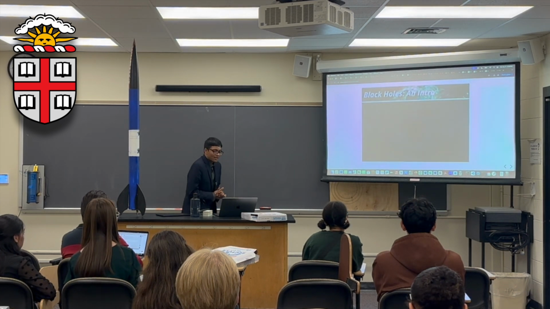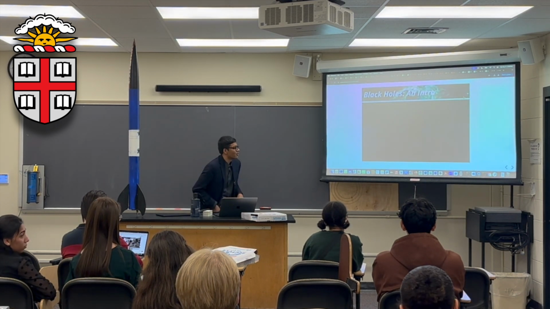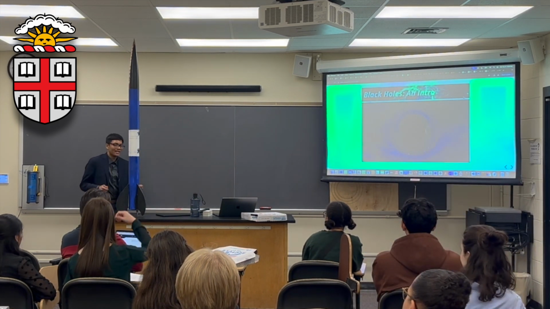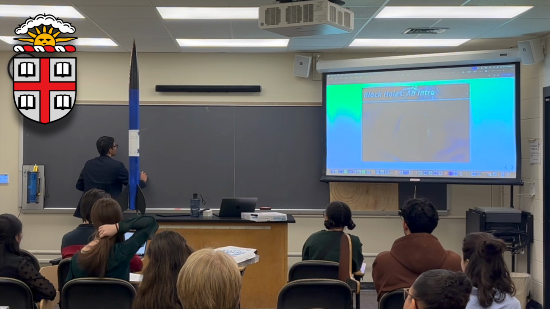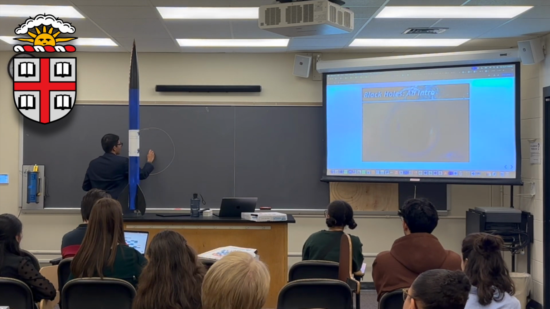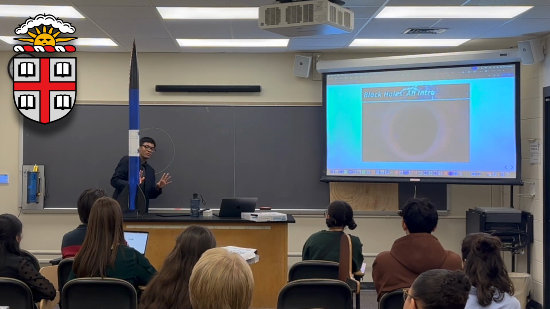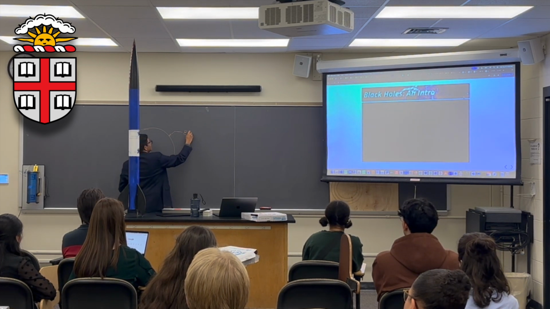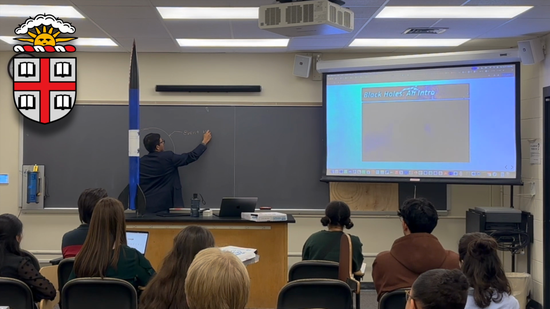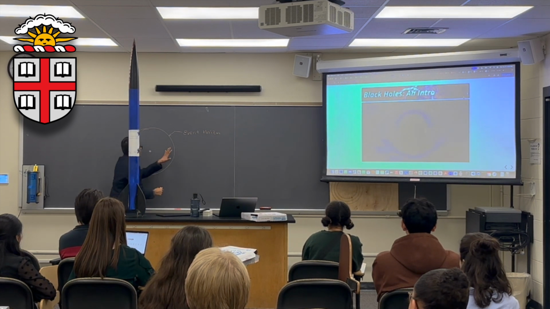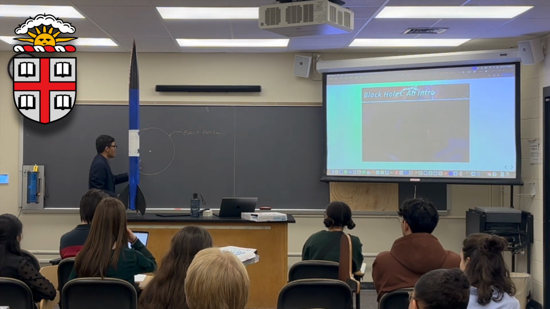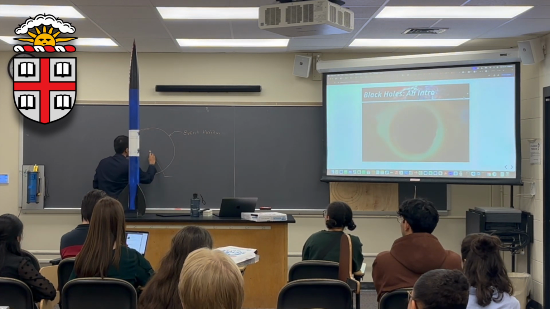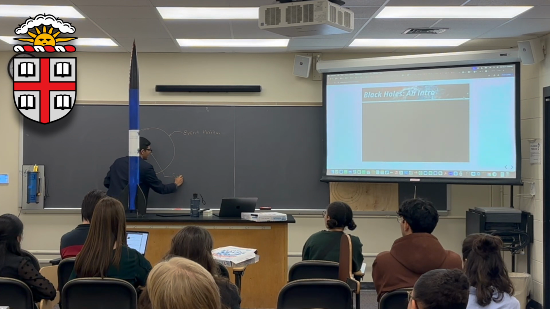Okay, so what is a black hole? A black hole is like a vacuum cleaner in space. So this is a black hole, and a black hole has 2 important points. It has the event horizon, that's this region, the circumference of the black hole, beyond which nothing can escape, and the black hole has a singularity at its center.